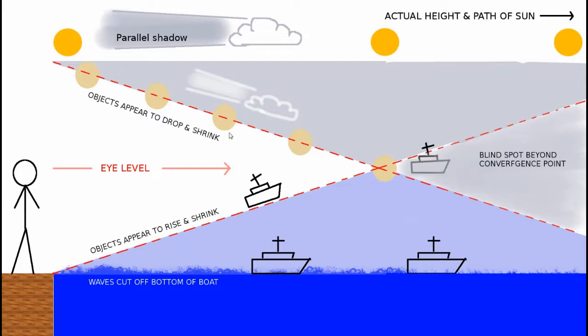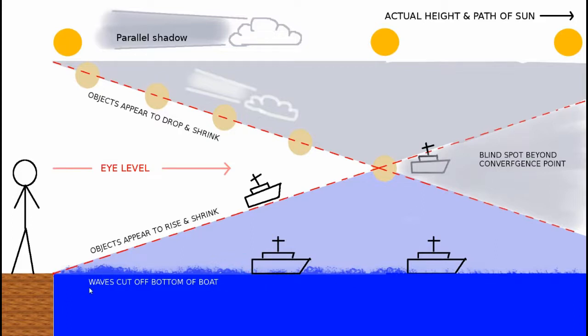Okay, anything traveling away from you is going to shrink in apparent size, as well as eventually fade out and drop to the horizon. And here we have the same thing happening from the surface. Here is our actual surface going off in a straight line, and objects appear to rise and shrink as they go towards the horizon on the surface, which is actually here.